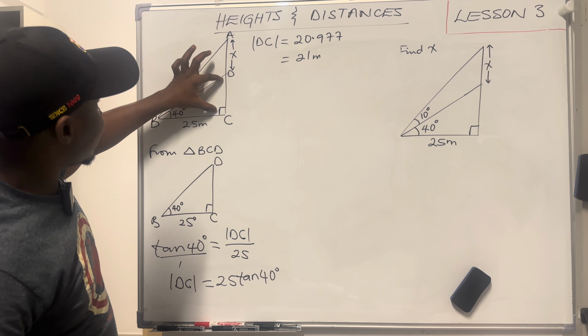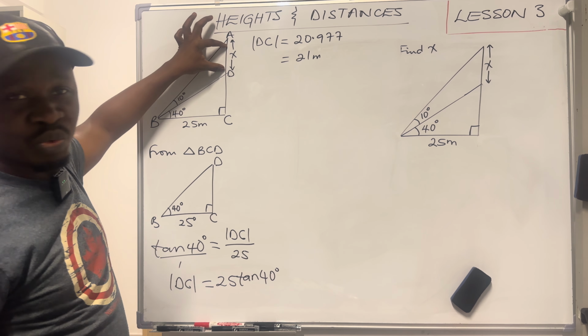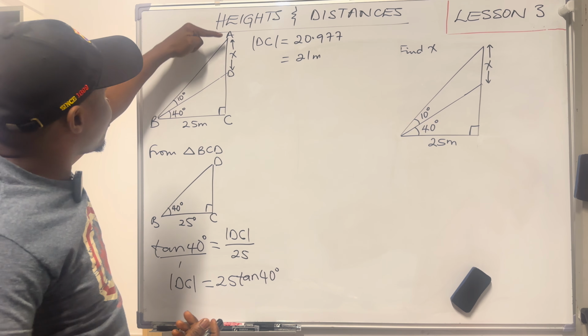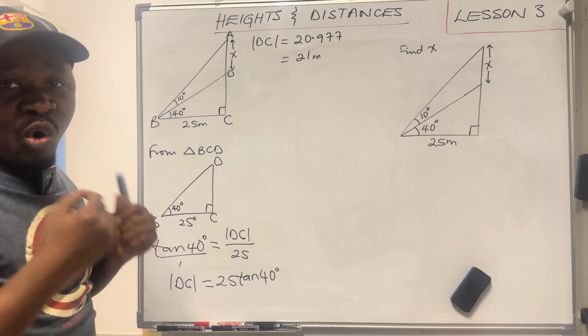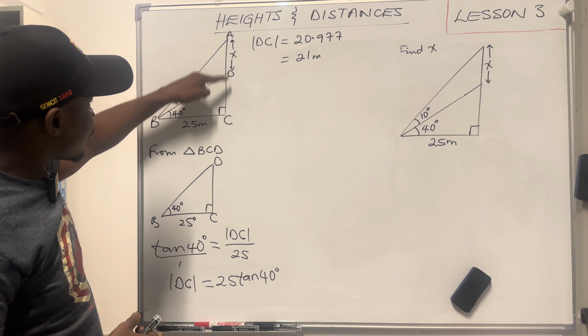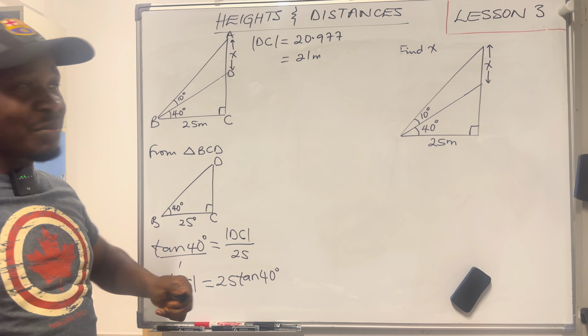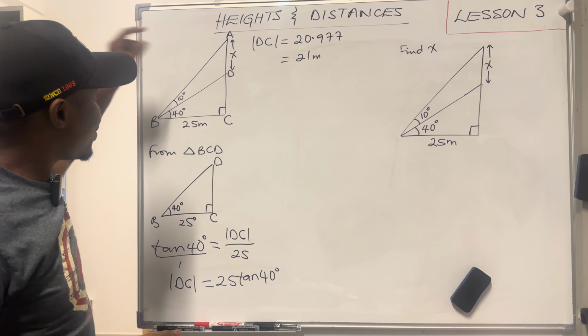So DC is 21. But if we know DC, we cannot find this one unless we know from A to C. And the only way we can get A to C is to consider the bigger triangle. So let us inform the examiner that we want to work on the bigger triangle.